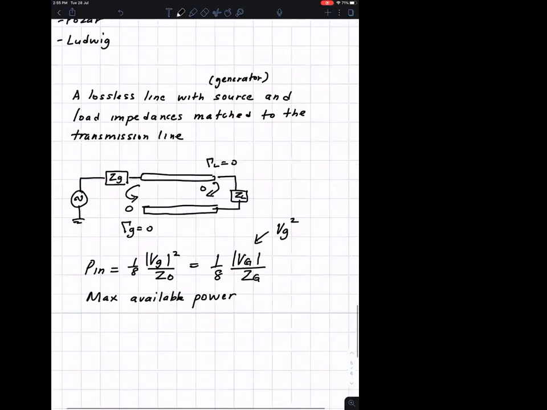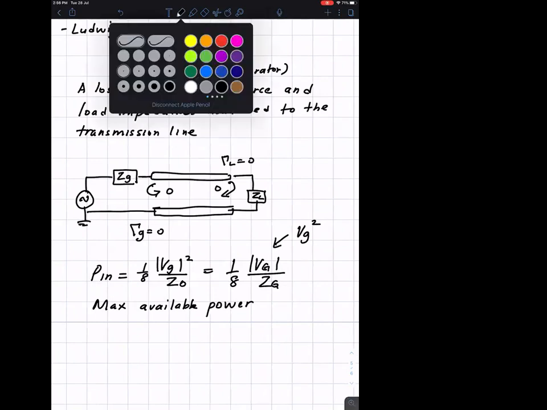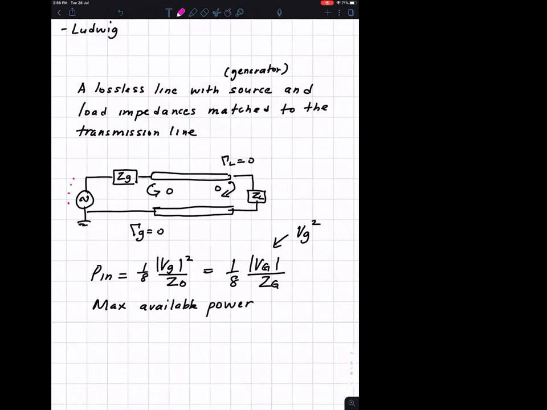If this is the maximum available power at the entry, right here, available power, maybe I put reflection 0, maximum available power from the source.